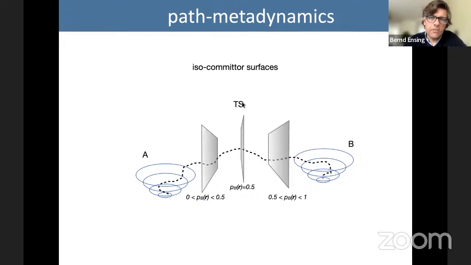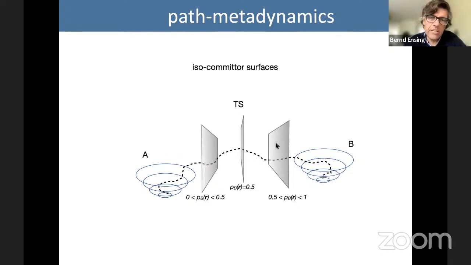Now we can say, well, then there must be a hyperplane in some space which has all these configurations with committed probability a half, right? In fact, there should be a continuous foliation of an infinite number of hyperplanes with probabilities that go from 0 to a half to 0.6, 0.7, 0.99, 1, right?